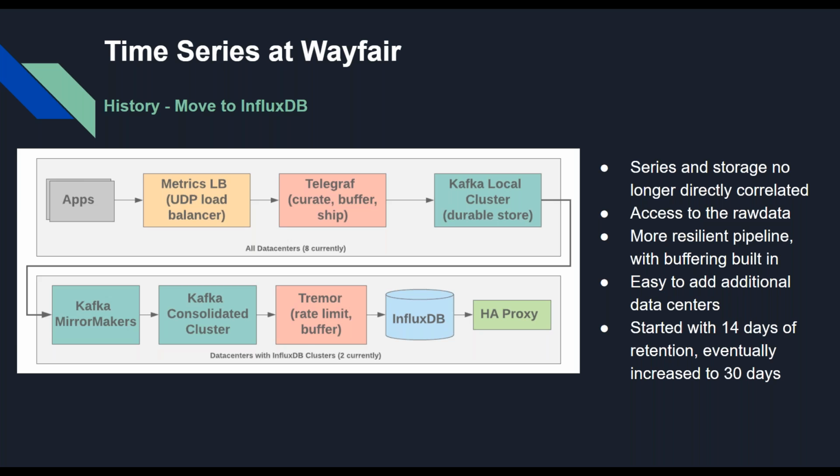And like I said before, it was very easy for us to add additional data centers as we spun up new infrastructure. We started off holding on to 14 days worth of data within these InfluxDB clusters, and then we increased that up to 30 days before we started running into some storage and performance problems around that.